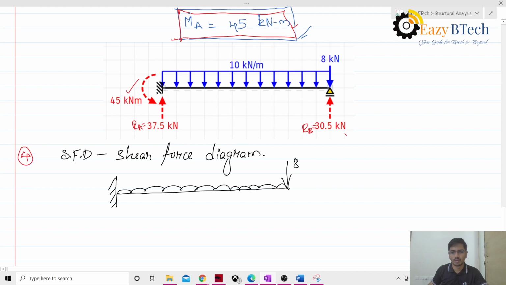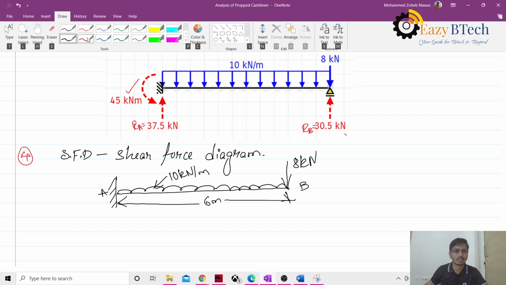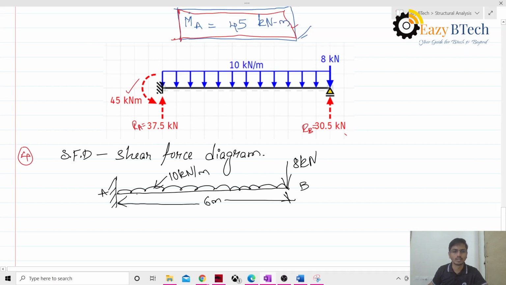This is my point load of 8 kN. This is my 10 kN. And this is 6 meters. This is my A, this is my B. Plot the reactions here. This is my RA, it is 37.5. And this is my RB, it is 30.5.